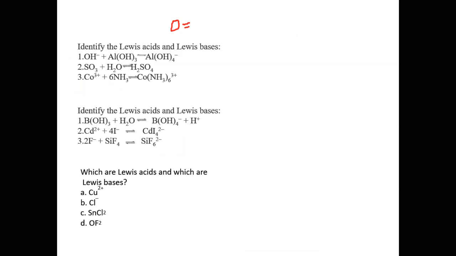So if I circle the red box around the species, it's going to be the Lewis acid. That means the other one is the Lewis base. So in our first example, which of the following is a Lewis acid? Is it the hydroxide or aluminum hydroxide? And that's correct. It's aluminum hydroxide because it has a deficient octet.